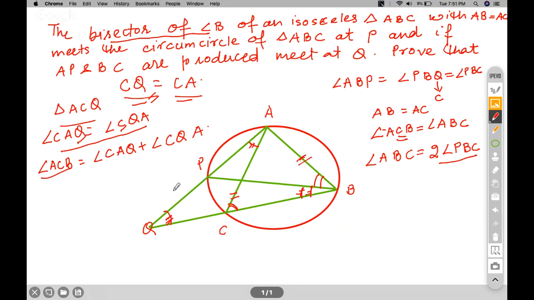So you look here, I'm writing that 2 times angle PBC is equal to angle CQA plus. Now try to understand one thing.